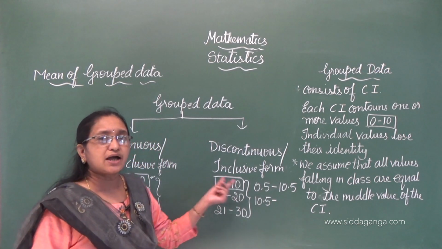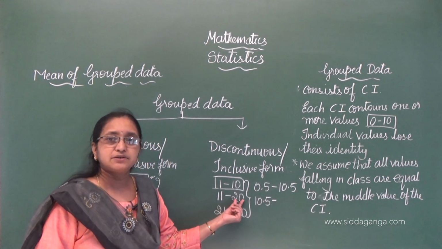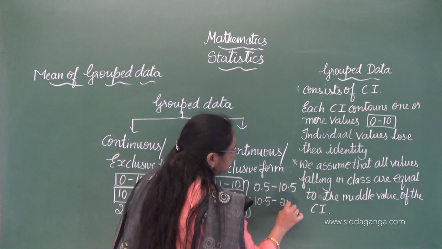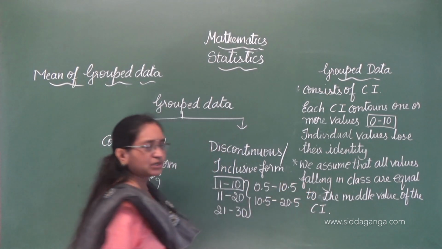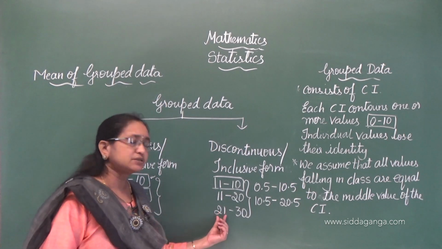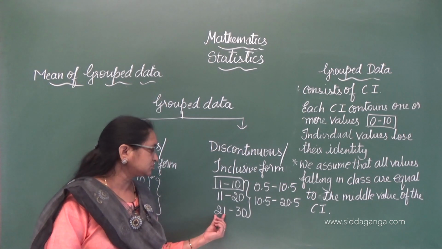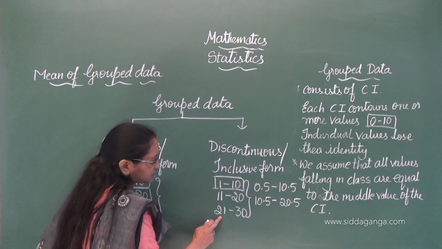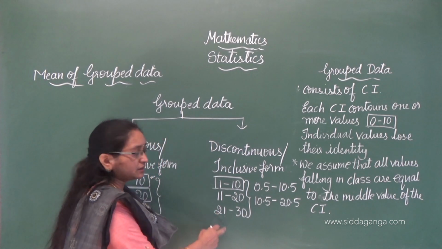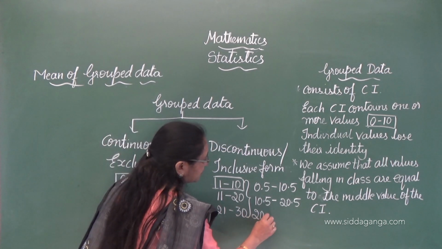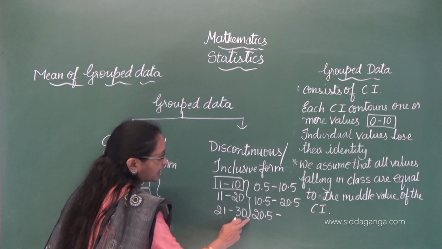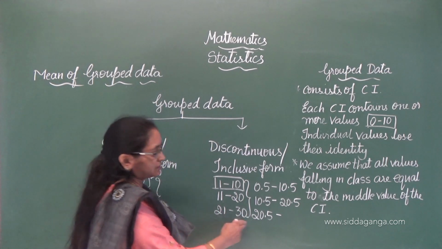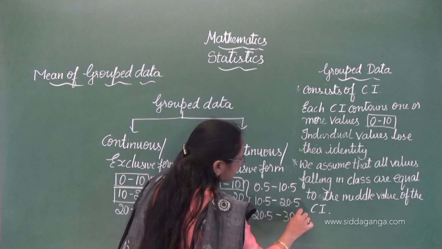Then I am going to add 0.5 to the upper limit, so 20.5. I hope you understood. Again from this, I am going to subtract 0.5. So when we subtract 0.5 from 21, we will get 20.5, and I am going to add 0.5 to the upper limit, so this will be 30.5.